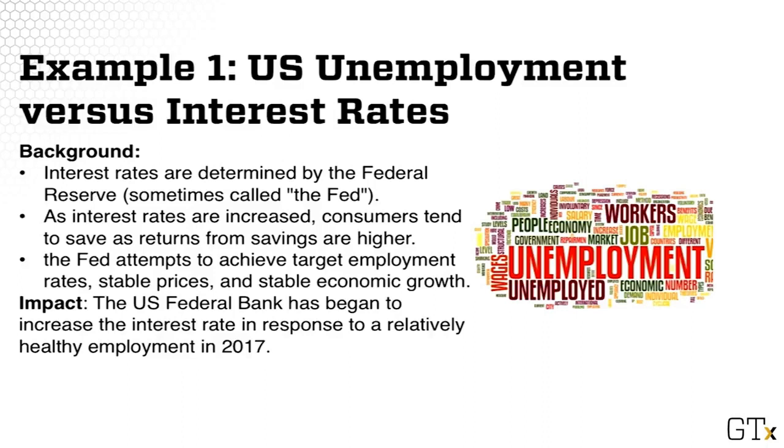The Fed meets 8 times each year to review economic and financial conditions and decide on monetary policies. Monetary policy refers to the actions taken that affect the availability and cost of money and credit.